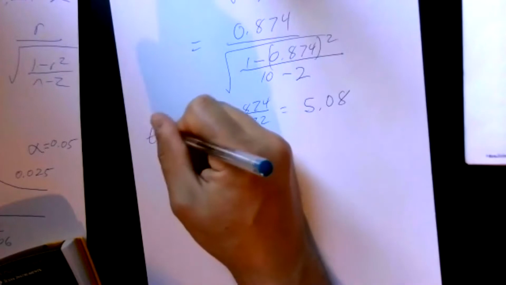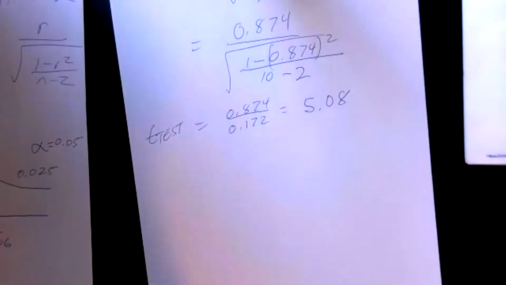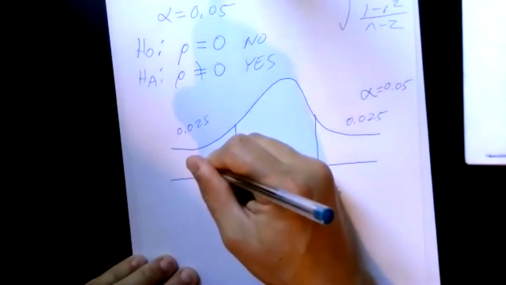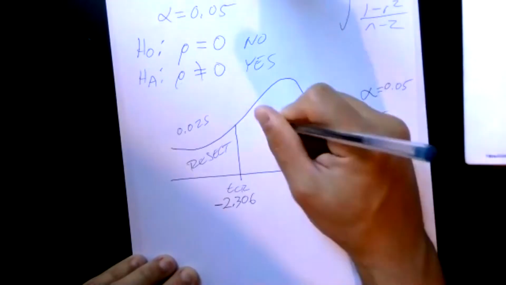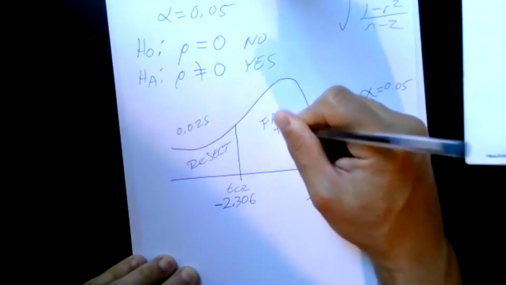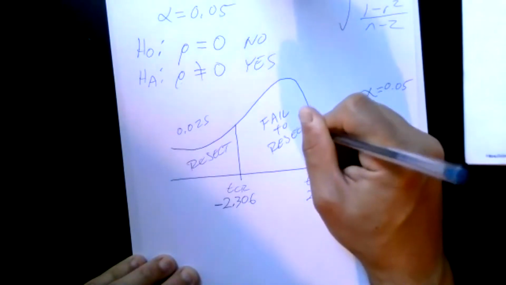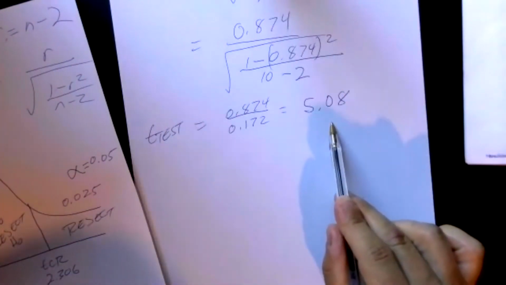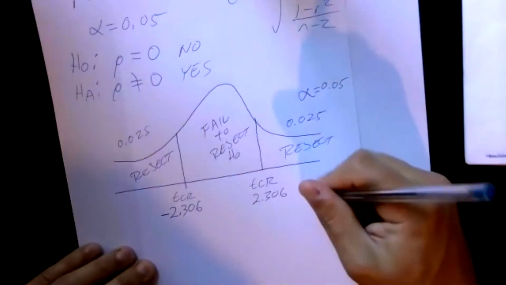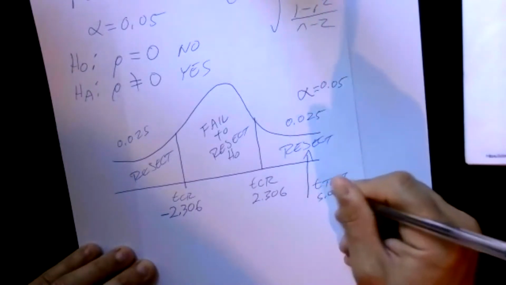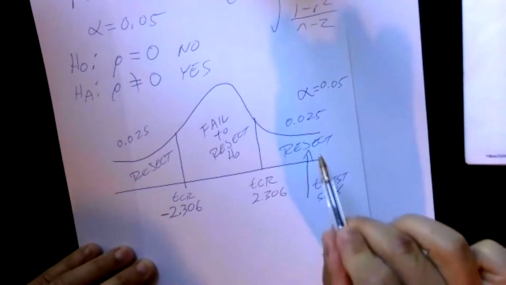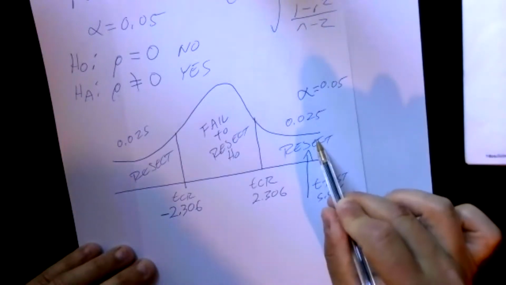Now, this is the test statistic. On our picture, we know the regions for reject and fail to reject H0. Our test statistic was 5.08. That's going to be over here somewhere. Which means we reject the null hypothesis.